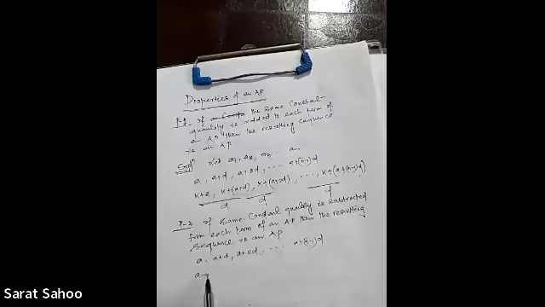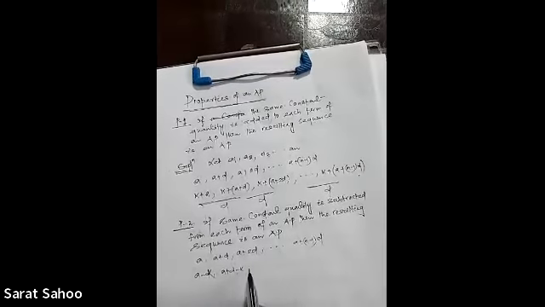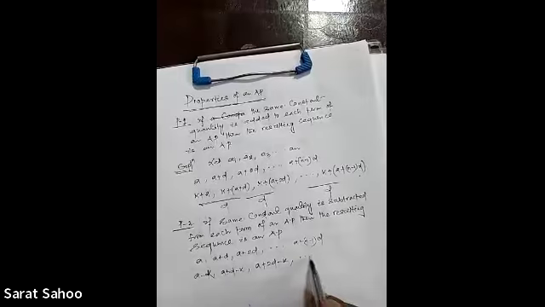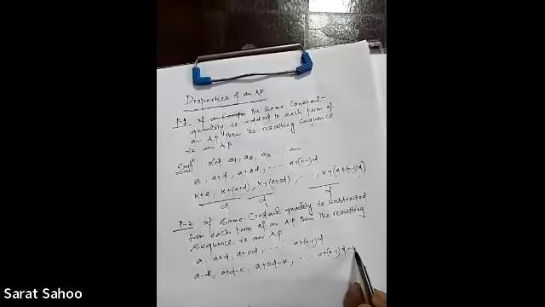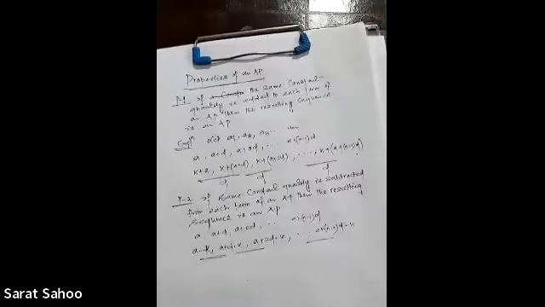It will be A minus K, A plus D minus K, A plus 2D minus K, A plus n minus 1 into D minus K. So difference between the second term and first term is D. Difference between the third term and second term is D. And difference between the nth term and n minus 1 term is D. Hence the sequence is an AP. This is your property 2.